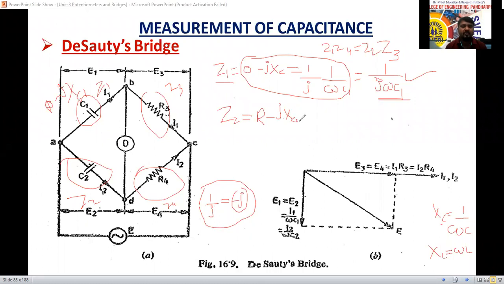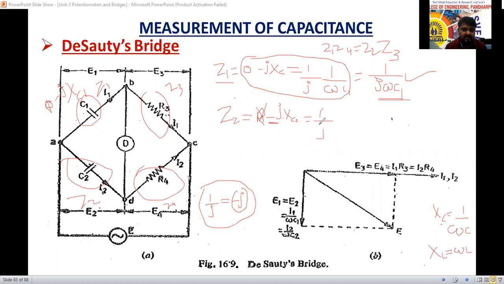Is there any resistance part here? No. So the resistance we can remove. What is left now? Minus J is left. In place of minus J, I write 1/J by using this formula: minus J equal to 1/J. 1/J I can write here.